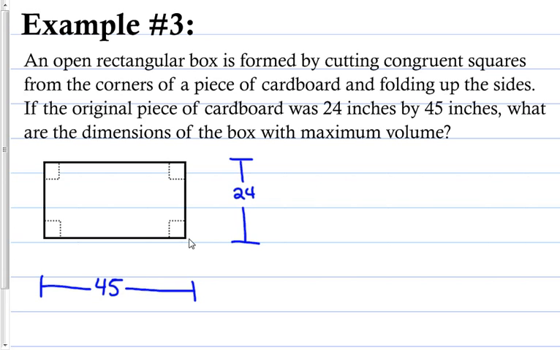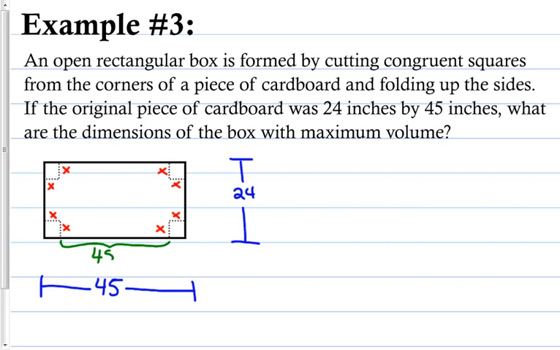Now, they're cutting out this square from each corner. Squares have equal sides, so let's go ahead and call them x by x, because we don't know what they are, but we at least know that they're squares, so the dimensions are the same. So now, when these get folded up, the dimensions from here to here will not be 45 any longer.